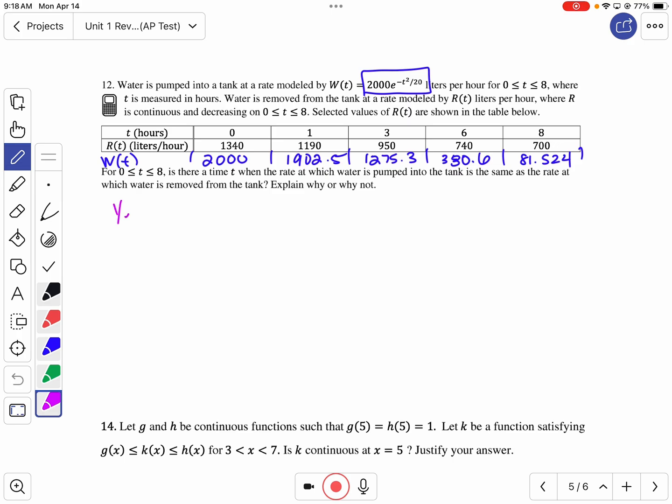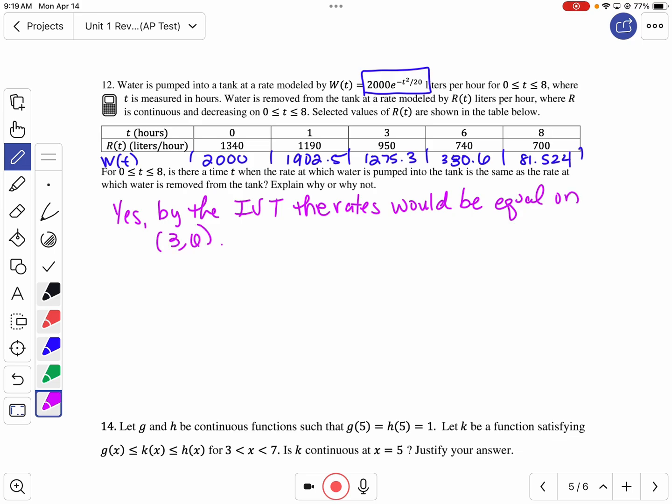We would say yes. By the intermediate value theorem, the rates would be equal on the interval from 3 to 6. Okay, so you could say it like that, just that simple.